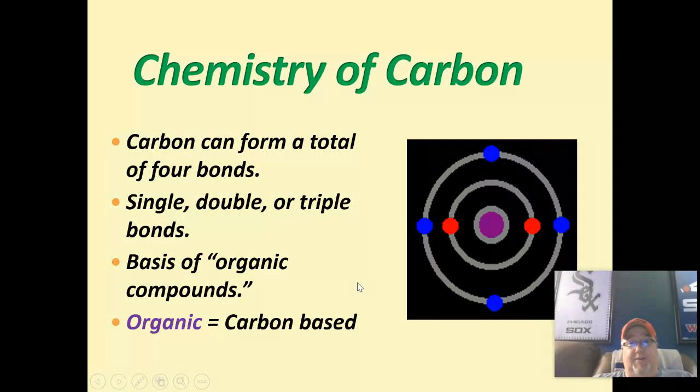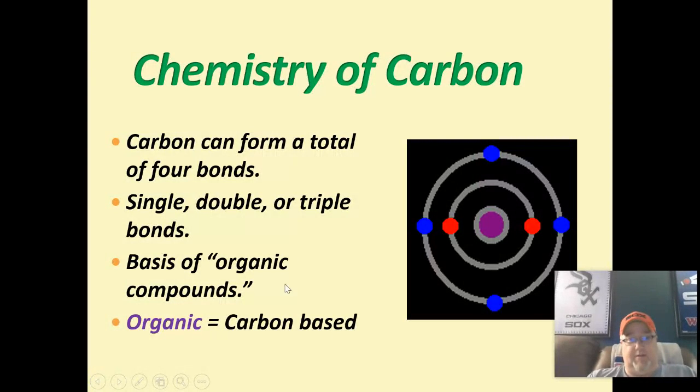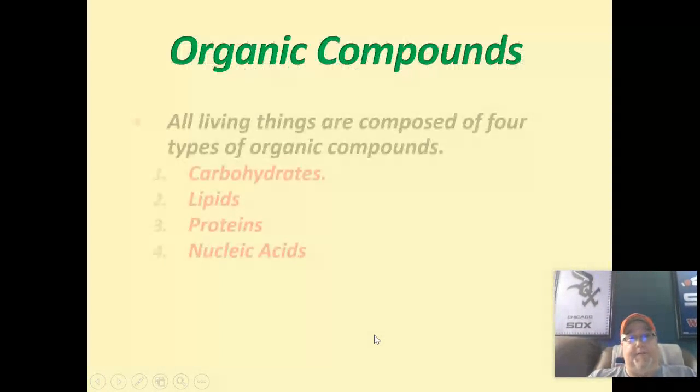There are literally thousands and thousands of compounds that all have carbon as that core atom because so many other things can bond to it. So it's the basis of organic compounds. Just remember, organic, carbon based. More specifically, it's carbon and carbon bonded together, but other things as well can bond to these carbon atoms.